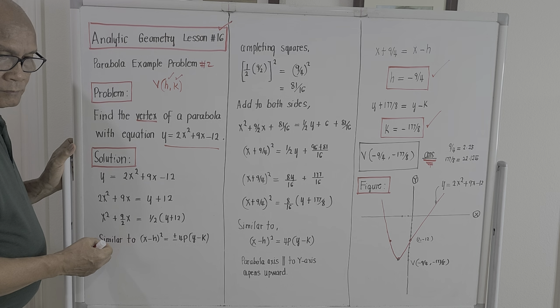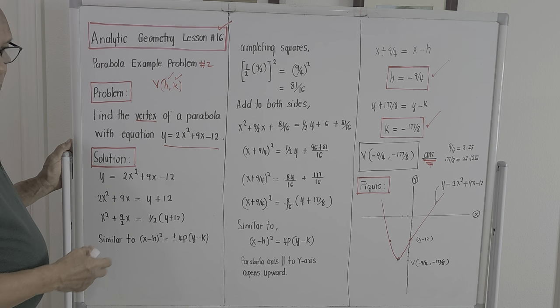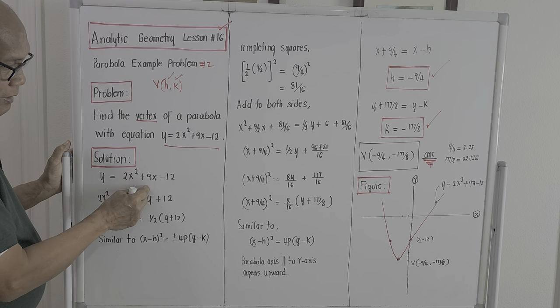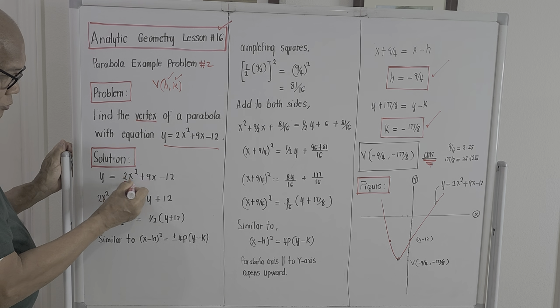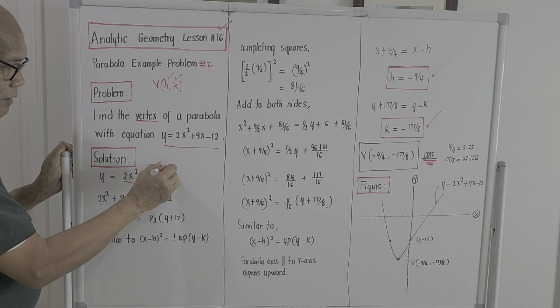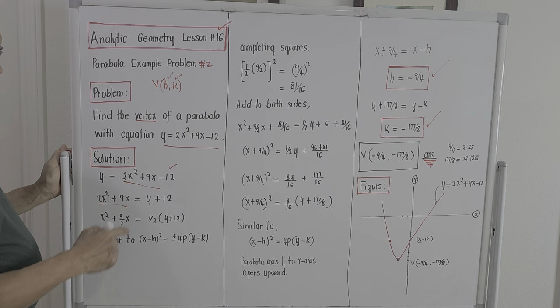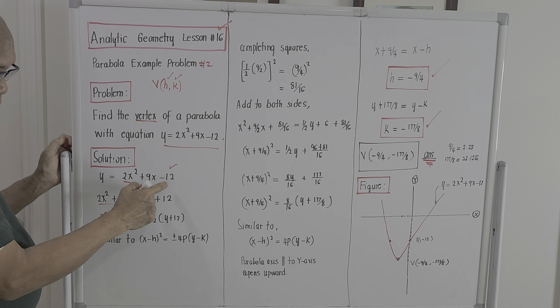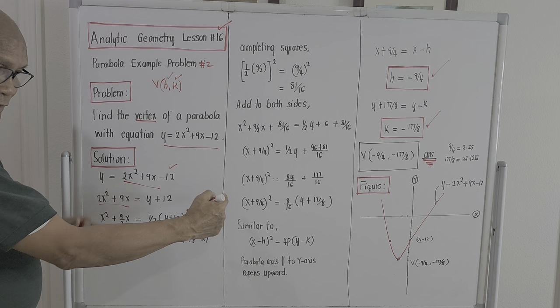Manipulating the equation, we'll put 2x squared and 9x to the left. So they are now to the left. I will maintain negative 12 on the right. Then I will transpose this negative 12 to the left, then I will try to rearrange.